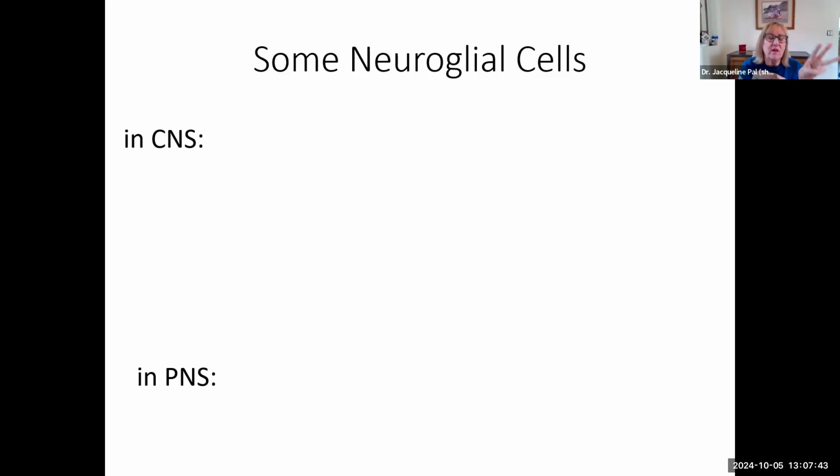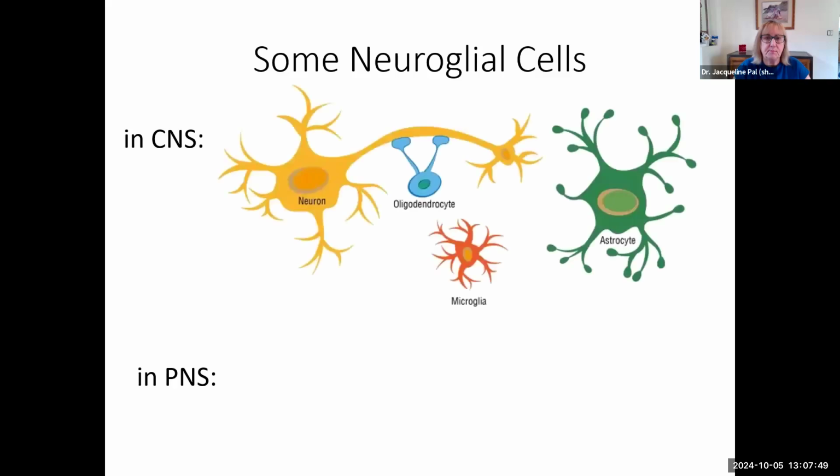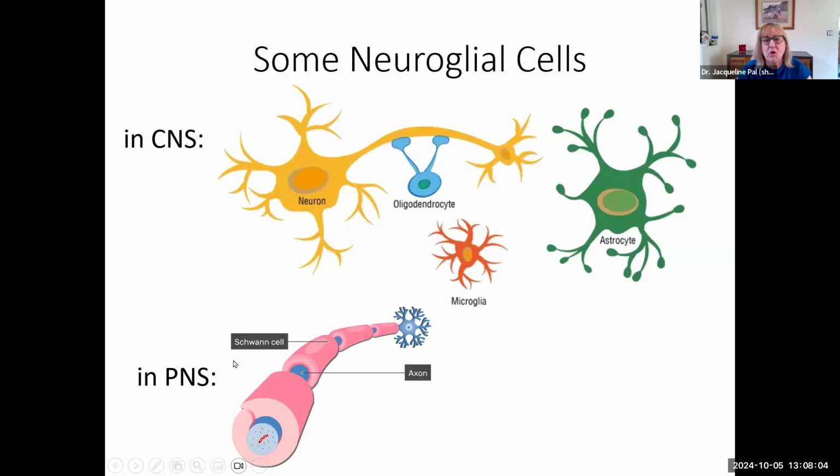We're going to learn about 3 of the ones that live in the central nervous system and 1 of the ones that lives in the peripheral nervous system. So, in the central nervous system, we will learn about the oligodendrocyte, the astrocyte, and then the little tiny microglial cell. And in the peripheral nervous system, we're going to learn about the Schwann cell. So let's go through these one by one.